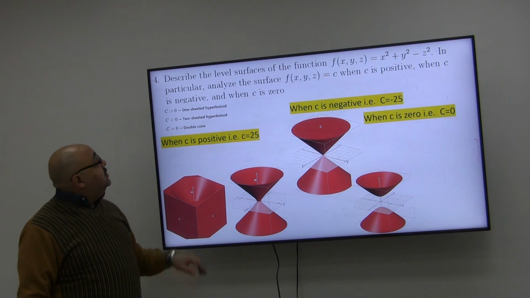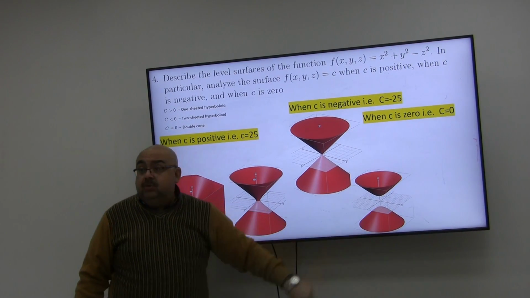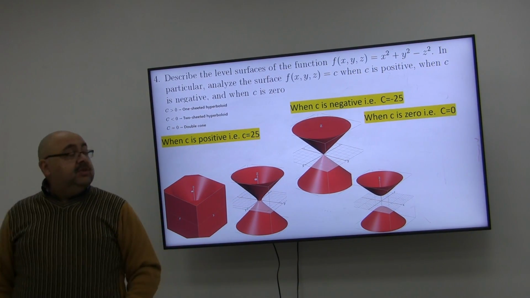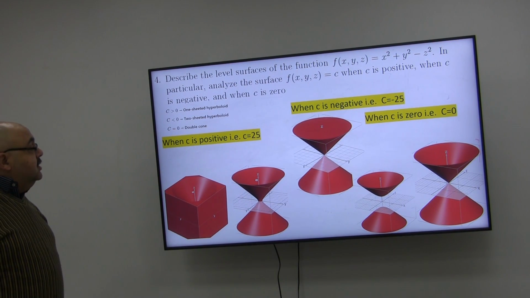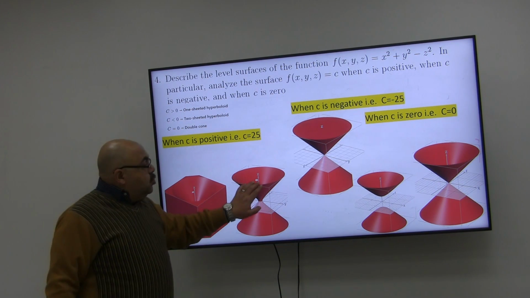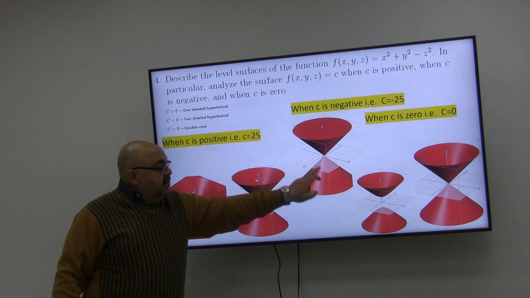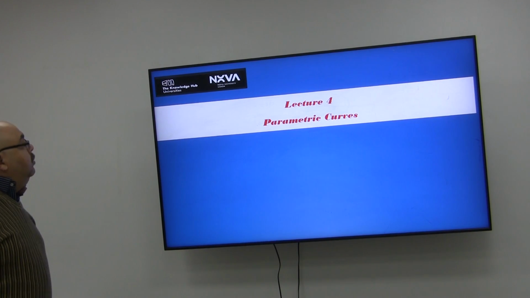This is for c equal to 0, and this is the equation we are dealing with. Those are the shapes that will evolve from this case: if it is greater than, equal to, or less than, same way as with the other shapes. Okay, I will stop here.